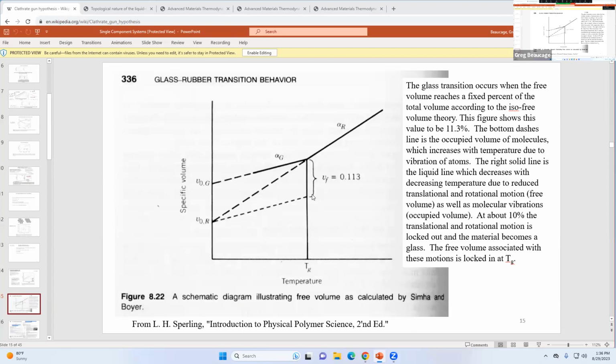I'm not sure that's really true, but that's what this implies. So the free volume fixes. And then at that point the volume still decreases, it still has a thermal expansion coefficient, but that's just the core thermal expansion. So things are stuck. So the free volume stays the same after that. Okay, so it's a fixed value. It's a fixed value after that, yeah.